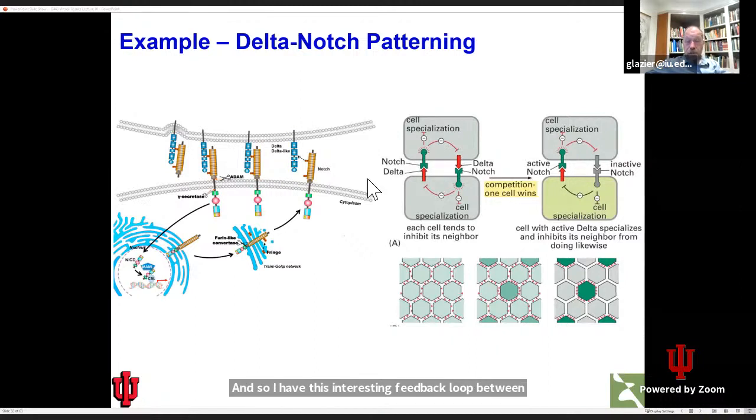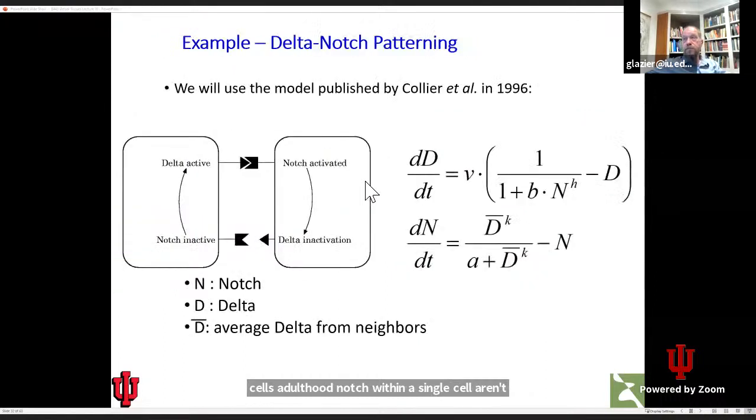Delta and notch within a single cell aren't interesting. It only comes into play when we have pairs of cells. And so we're going to use this very simple model of Collier, which doesn't include all the complexity of activated and inactivated species.